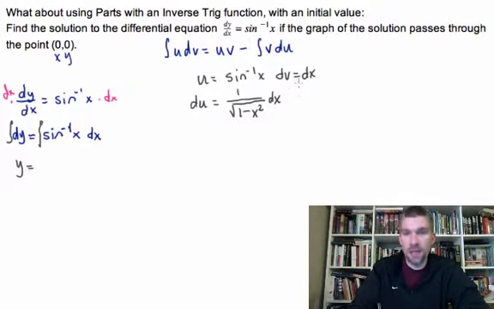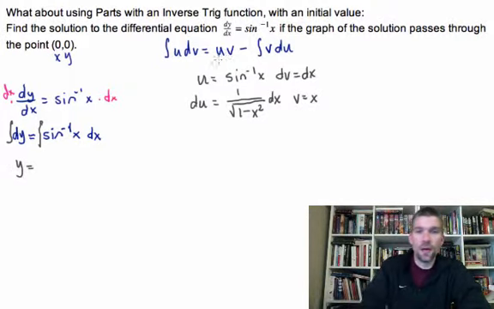And when I integrate this side, v equals x. So when I do u times v, I'm going to get x arcsine x minus the integral of v du, and that's going to be x over the square root of 1 minus x squared dx.